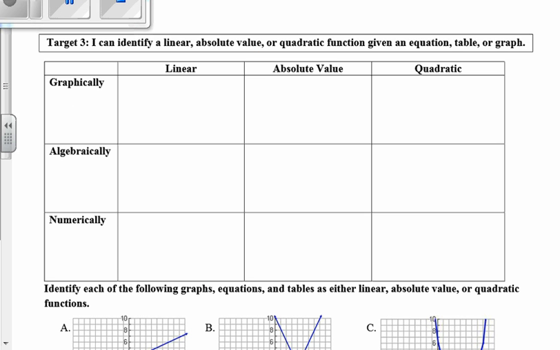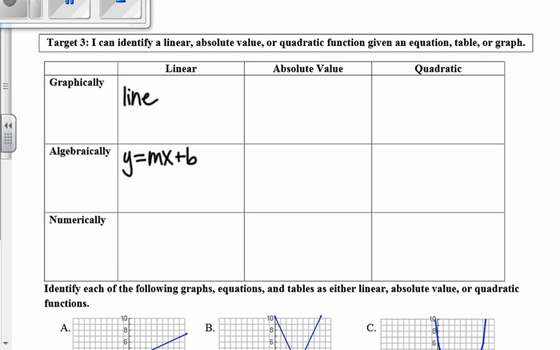All right, our last target today is talking about identifying a linear, an absolute value, or quadratic function given an equation, a table, or a graph. So let's start with what a line looks like. Graphically, a linear function is just a line. Pretty simple. Algebraically, a lot of times we look for that slope-intercept form.